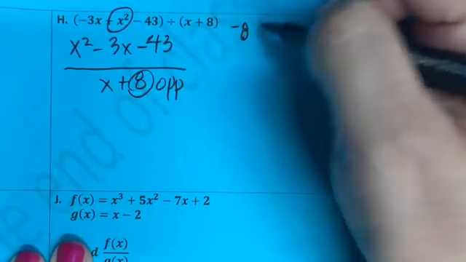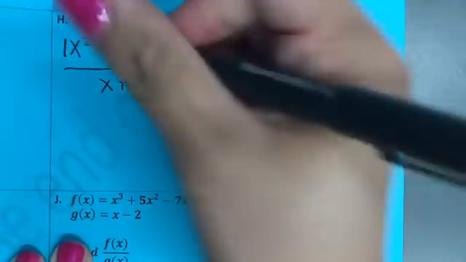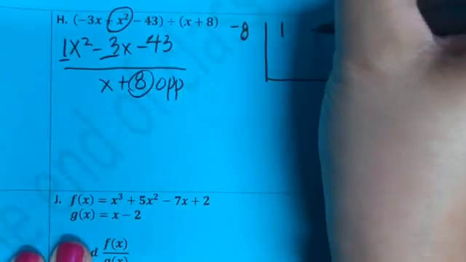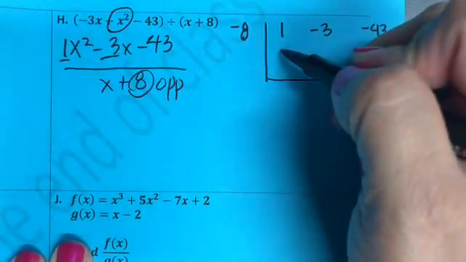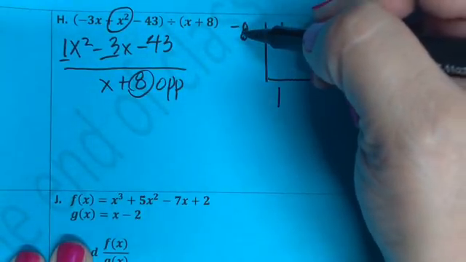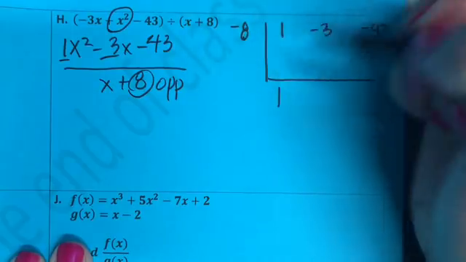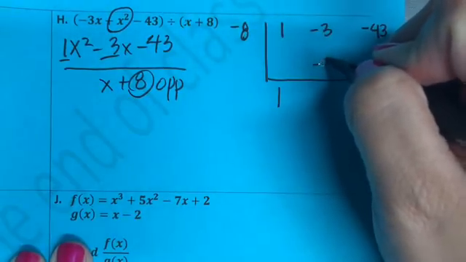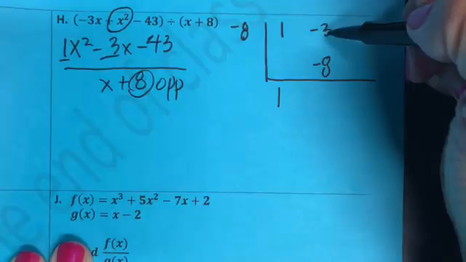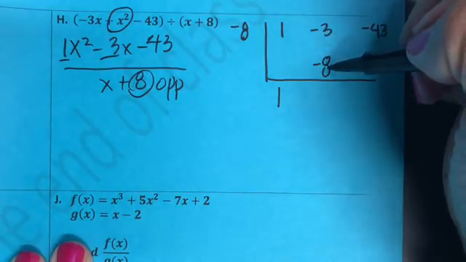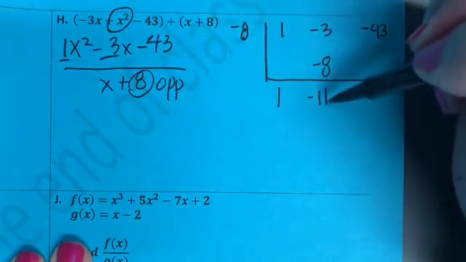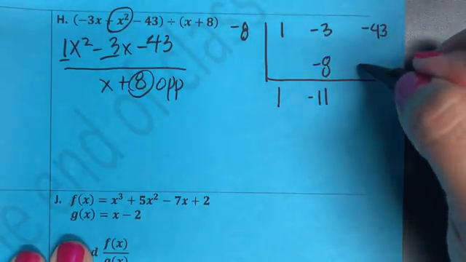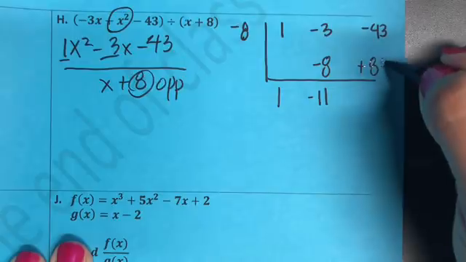-8 gets divided into 1, -3, -43. And then I say -8 times 1 is -8. -3 plus -8 is -11. -8 times -11 is positive 88.